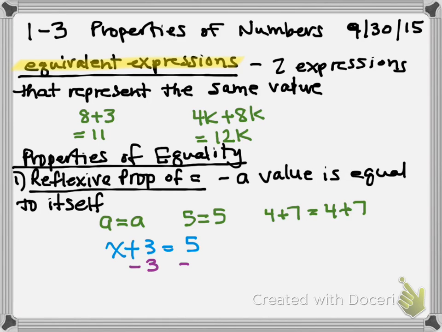So the reality is to solve any equation, I need to do math to both sides, and I need to do the same math. So how's this reflexive? Well, does negative 3 equal negative 3? Yeah, so I'm taking the same thing away from both sides. That's where reflexive property shows up when I'm doing solving equations.